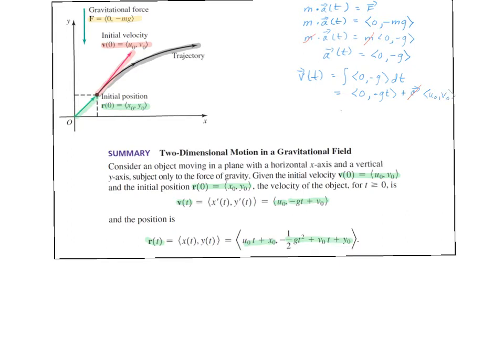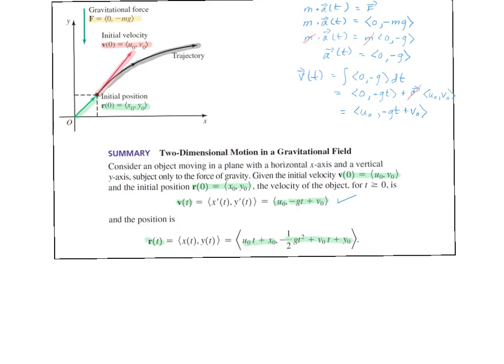And that gives me our velocity vector as the vector u sub 0, negative g times t plus v sub 0.